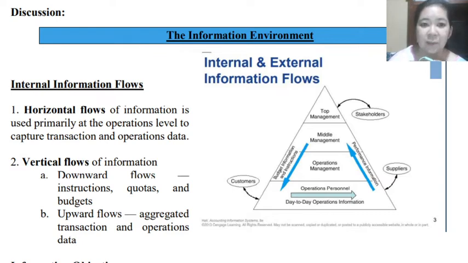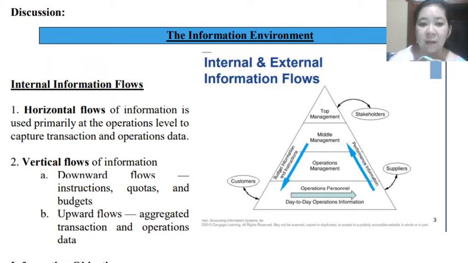Here they provide instructions, quotas, and budgets. These are examples of the activities that the entity undergoes, which belong to the vertical flow of information. The upward flow, on the other hand, consists of the aggregated transactions and operations data.